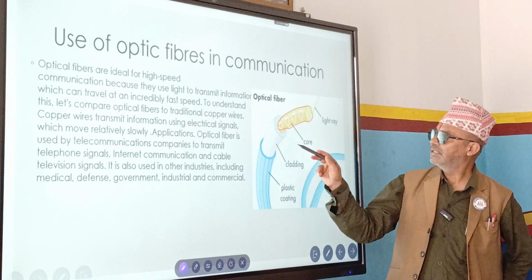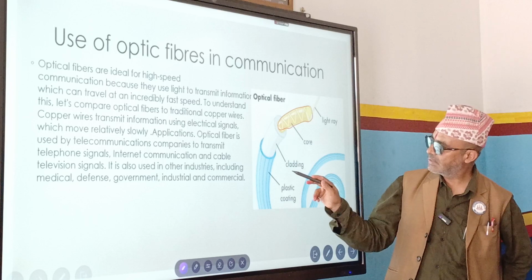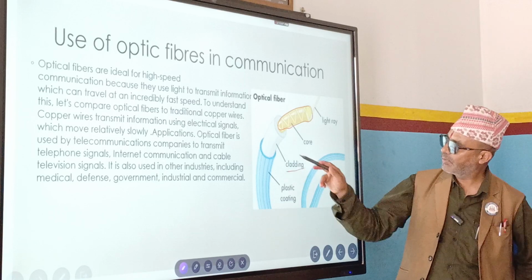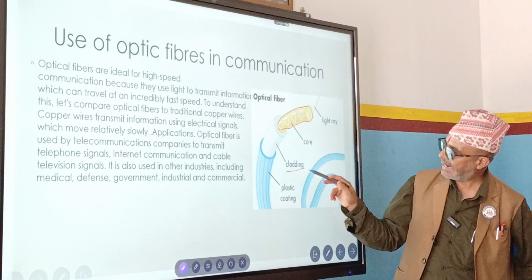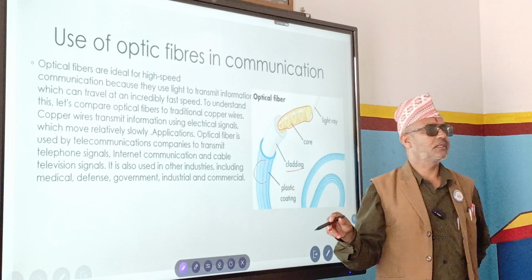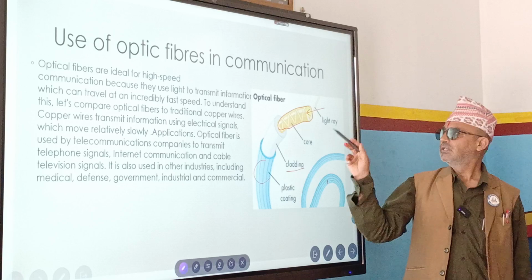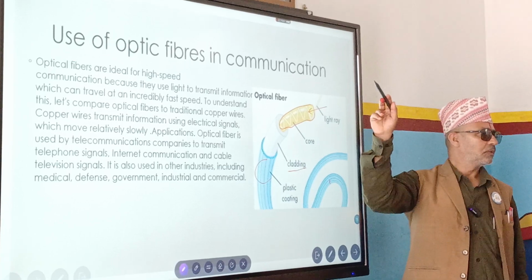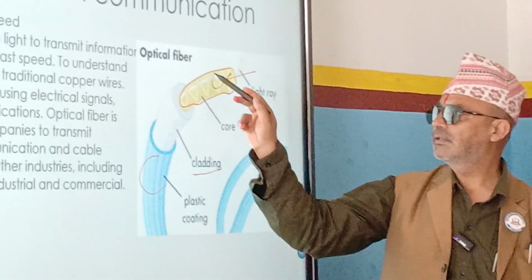That is the central part. It is called the core, and it is covered by another material. We call it cladding, right? And next there is a plastic coating. Three layers are there, and signals are transmitted through the glass with the help of total internal reflection.